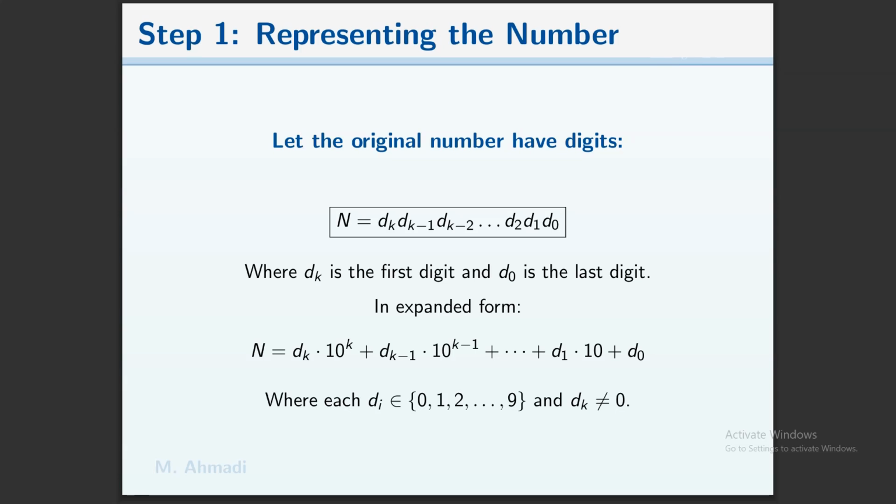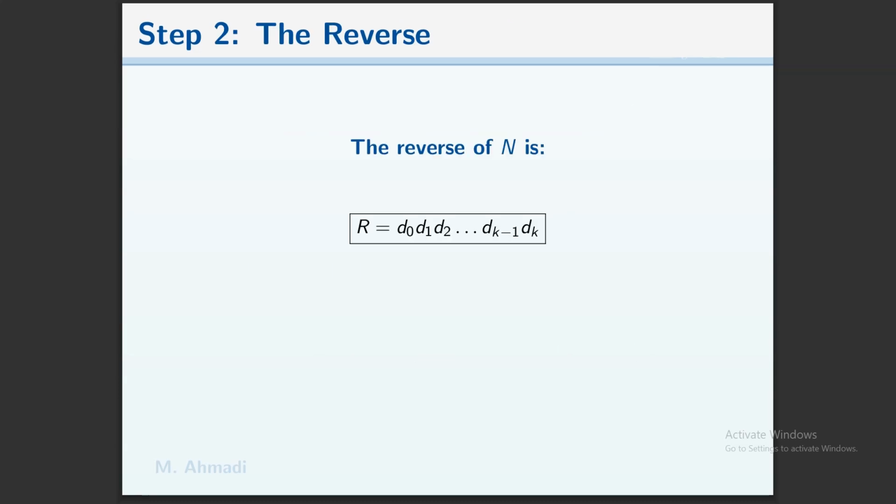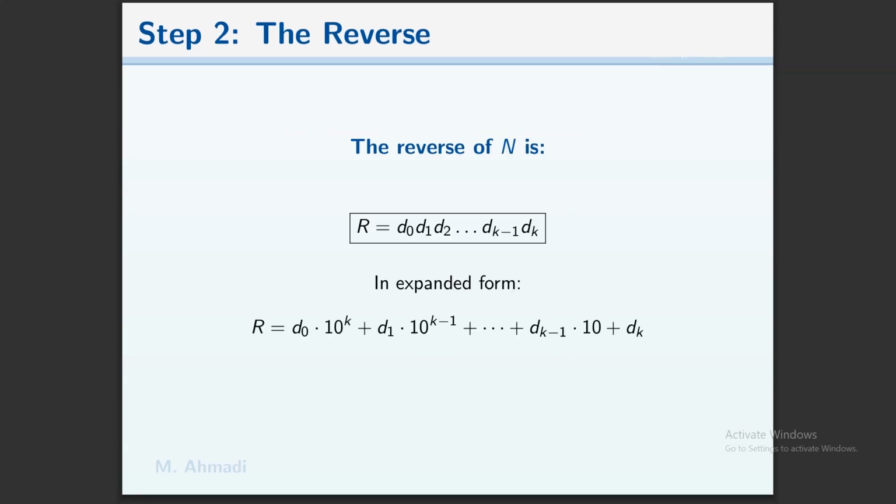9, and dk is not 0, because if dk is 0, then the number of digits in n is decreased. The reverse of n is represented as r.